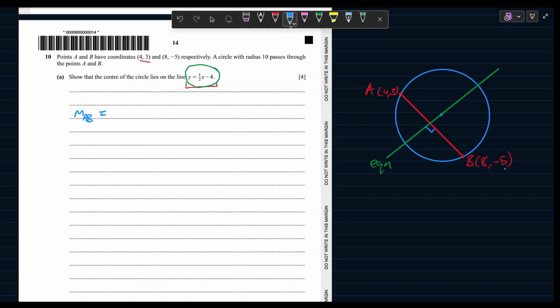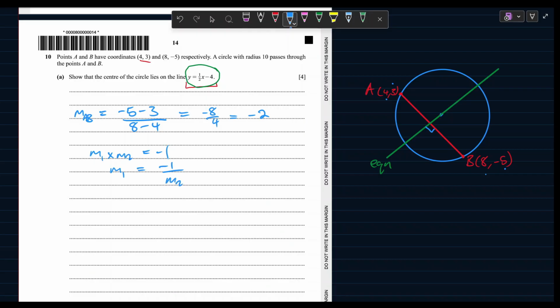So I'll do 5 minus 3, rather, minus 5 minus 3 over 8 minus 4. So this is -8 over 4, which is going to be -2. And so we know that for perpendicular lines, m1 times m2 is equal to -1, which means that m1 would simply be -1 over m2.